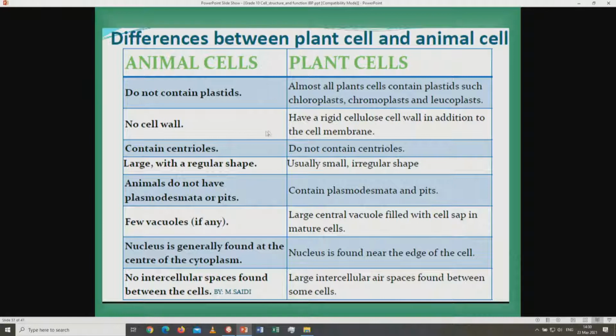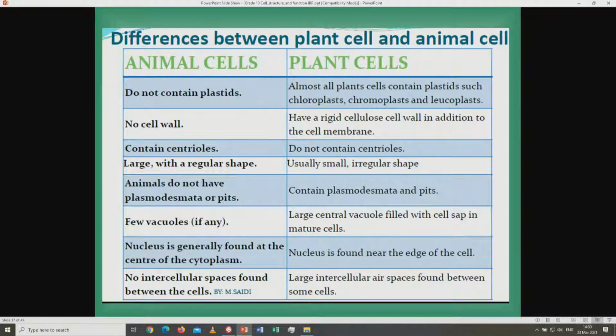Then the animal cell contains centrioles, where the plant cell does not contain any centrioles. The animal cell is large, with a regular shape, usually round, etc., where plant cells are very small and they are irregular in shape. There's not a fixed shape for a plant cell.